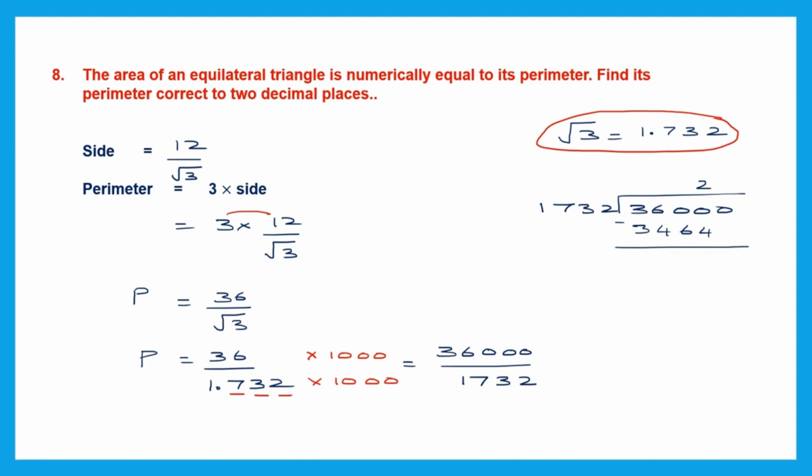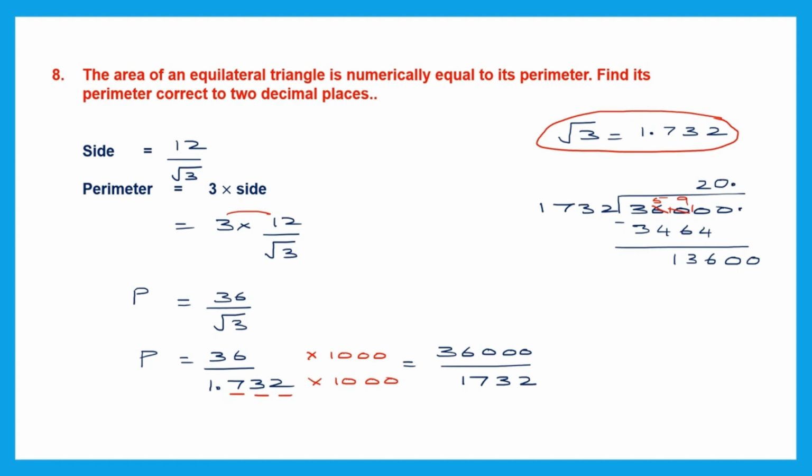We have to borrow from 6. So this becomes 5. This is 10, 9 and 10. 10 minus 4 is 6. 9 minus 6 is 3. 5 minus 4 is 1. And then we bring a 0. As you can see, this number 1360 is smaller than this. So we put a 0 on top. We put a point, carry that point up, bring one more 0 down.